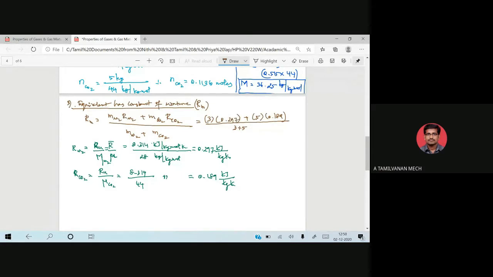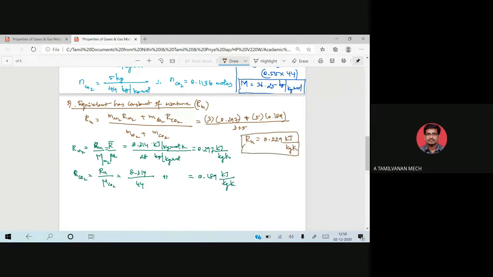After substituting the appropriate values, finally the R of the mixture is about 0.229 kilojoule per kilogram Kelvin.